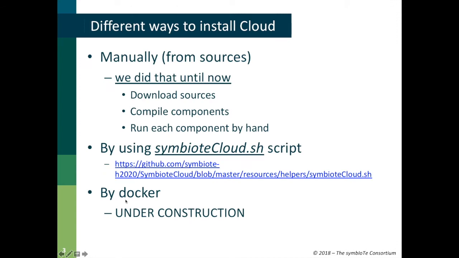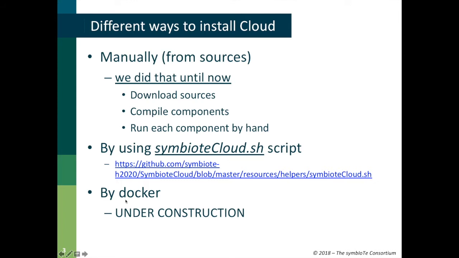Okay, so let me explain the different ways to install cloud components. The first one is manually from sources. This was the first version of the instructions. In that case, you need to download sources from GitHub, compile all the components, configure them and then start them.